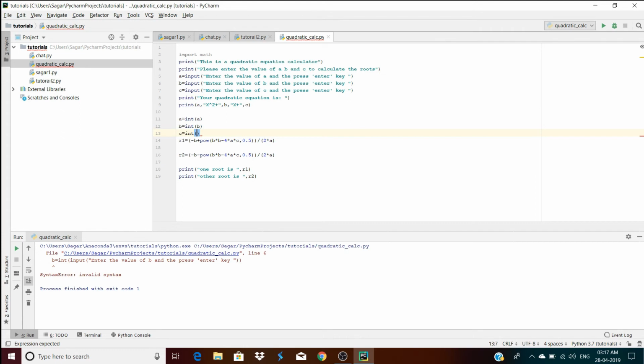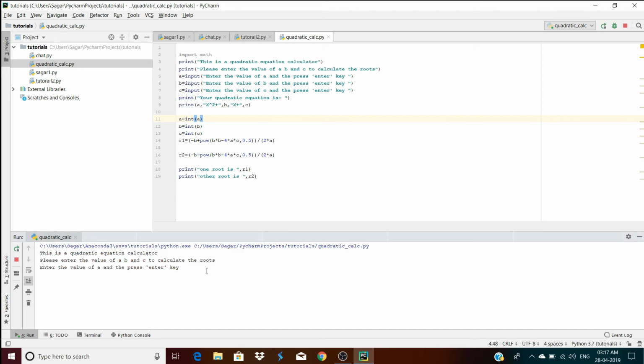Now let's run it and see what happens. It's saying enter the value. I entered 10, then I'm entering 4. Oh, let me rerun this. I should enter a smaller value of a so that it could give real numbers. So I would enter 2, then 7, and then 3.